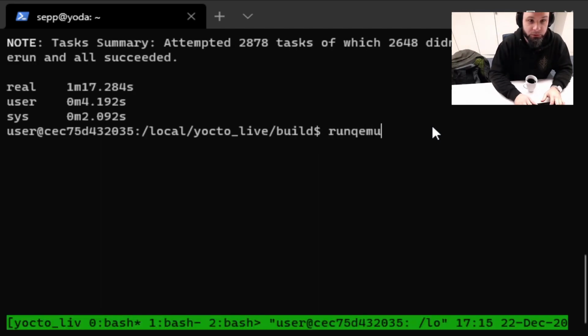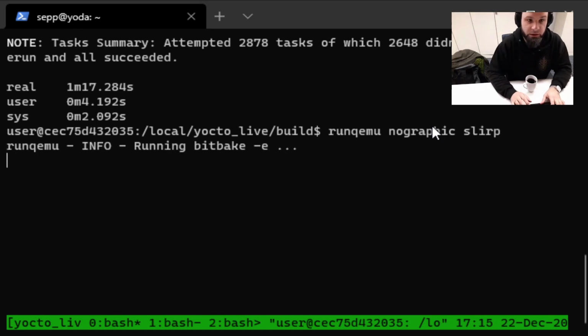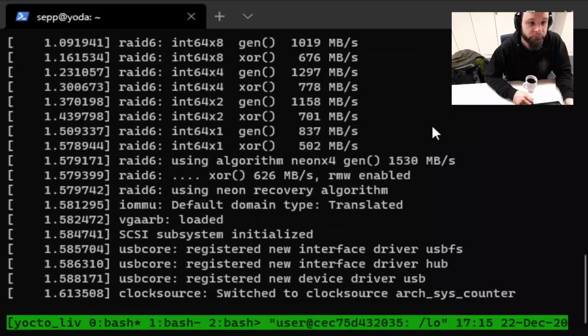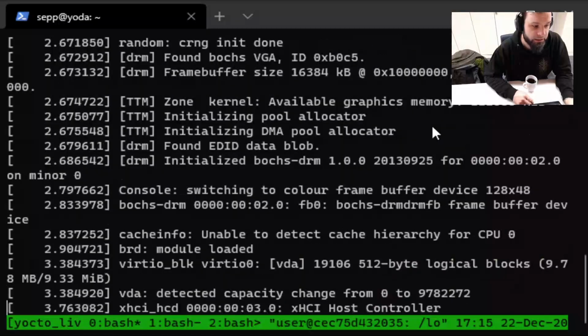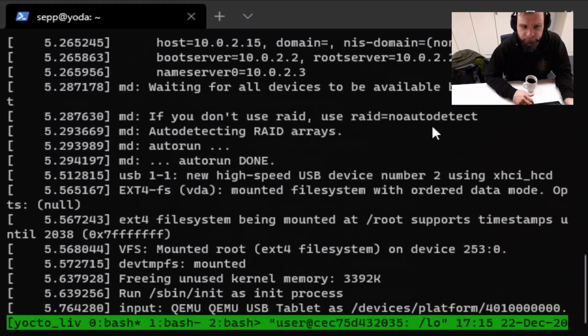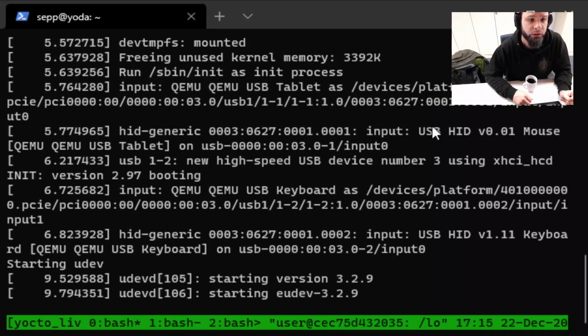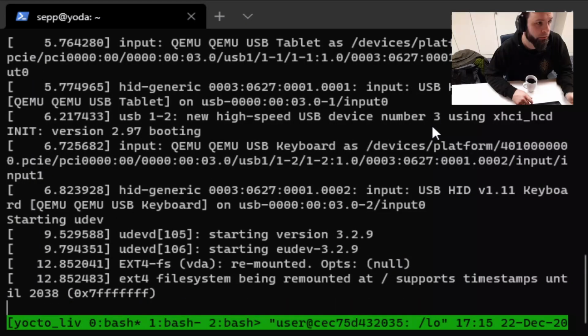Run QEMU, no graphic, slirp. Let's see what happens. I have no idea if that makes sense in a multi-config situation. Usually, I think it should take the last build, but it seems to go for the outer build, which also makes sense.